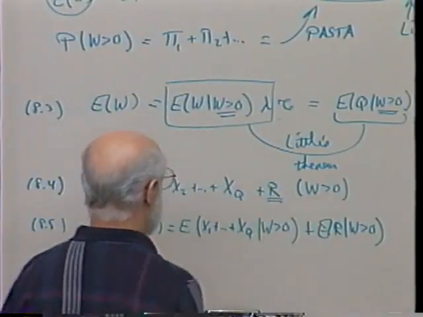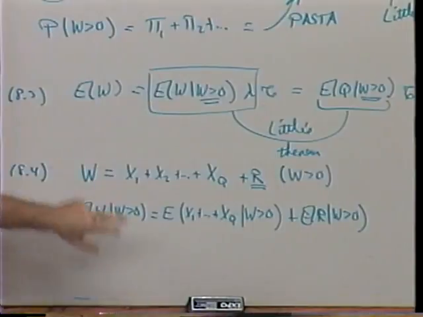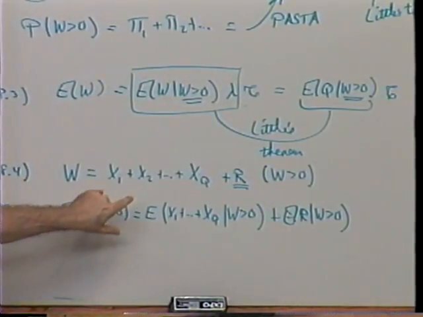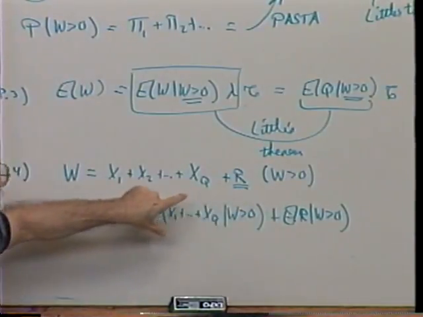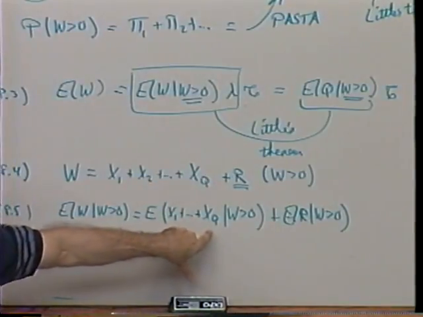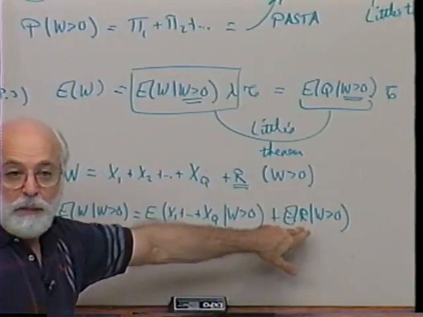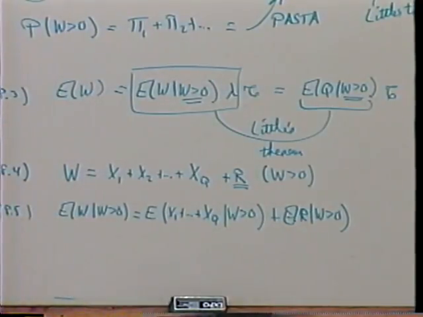That's this R right there. So that can be broken down into two terms, the expected value of the sum of those Q random variables, plus the expected value of the remainder of the interrupted service time. Remember, this is kind of a confusing argument, but the arguments are all probabilistic now.